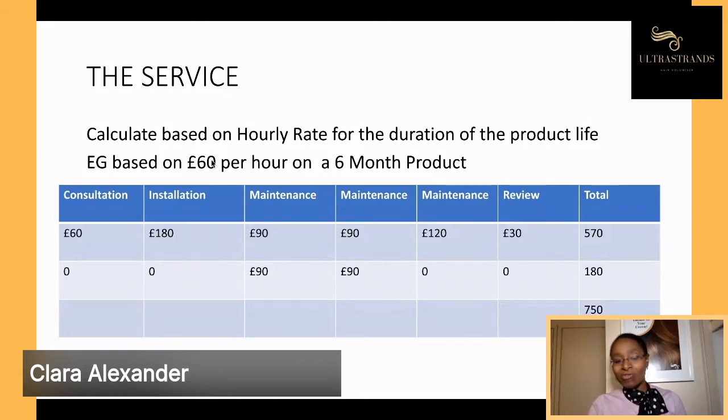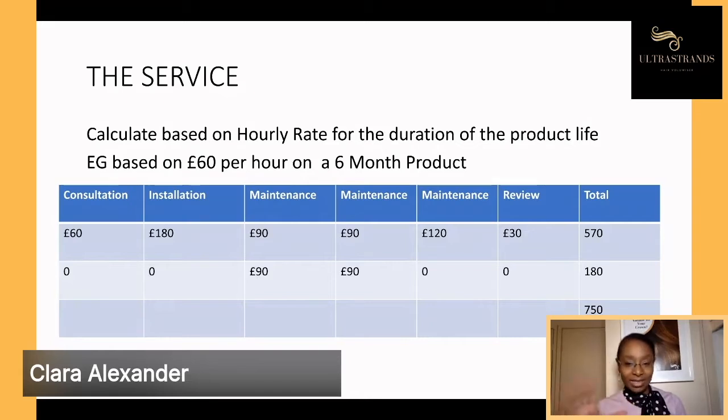If your hourly rate is more than £60, then it's going to be higher than this figure. In this scenario, I think £60 is quite reasonable, and therefore we're saying over a 6-month period, including installation, this is the amount of money that we have generated from that client. So £750 generated from that client in a 6-month period.